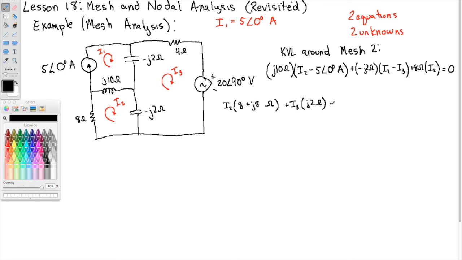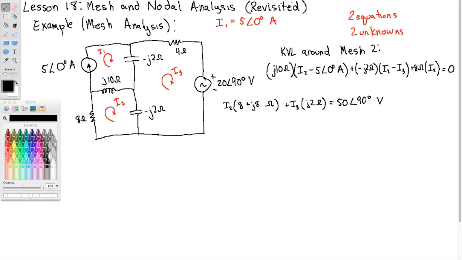So when we move that to the other side, we have j10 ohms times positive 5 angle 0. So the magnitude of j10 is 10, so 10 times 5 gives me 50. And j is a phase of 90 degrees, or pi over 2 radians. So we'll stay in degrees since the original problem was in degrees. Volts, because I have an ohm times an amp, so that gives me volts.